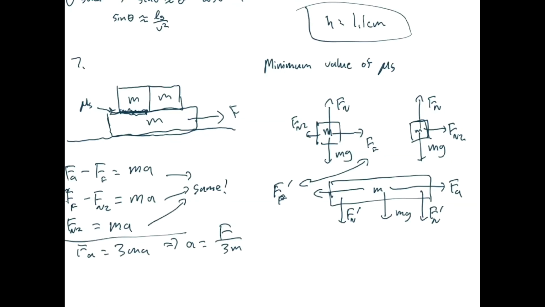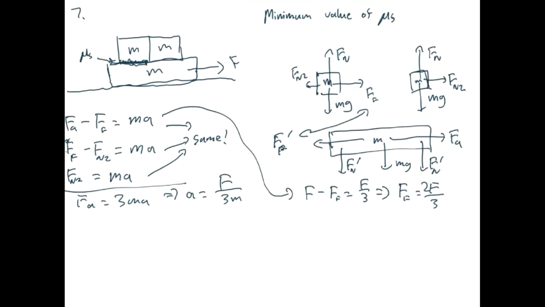Now all we have to do is take this equation, plug in our a to get the friction. So we get our applied force minus the friction force equals ma, which is F over 3, which means that the friction force is 2F over 3.